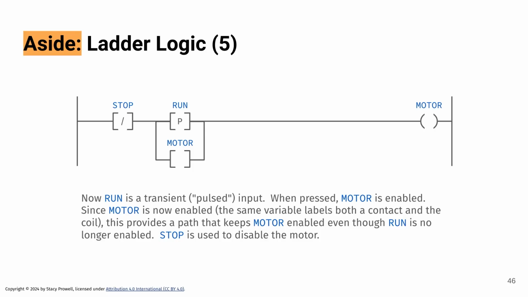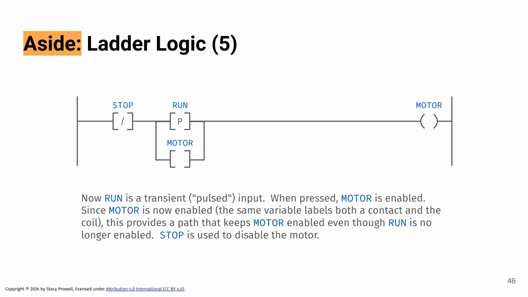Let's see what that does. So stop is normally closed, so we can ignore it for now. If I push run, then it's closed for the duration of time that I'm holding it in, right? It's pulsed, so when I release it, it's going to release and open again. But I push it, current flows all the way over here to motor, which then turns on.